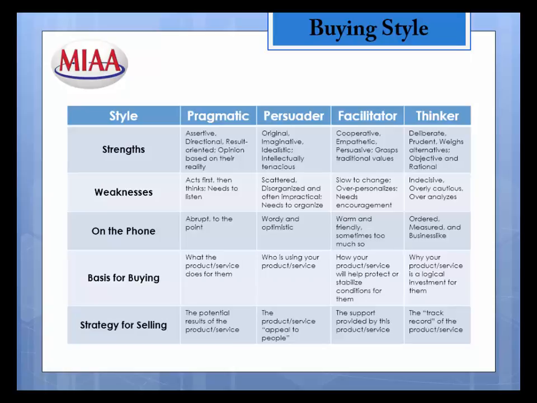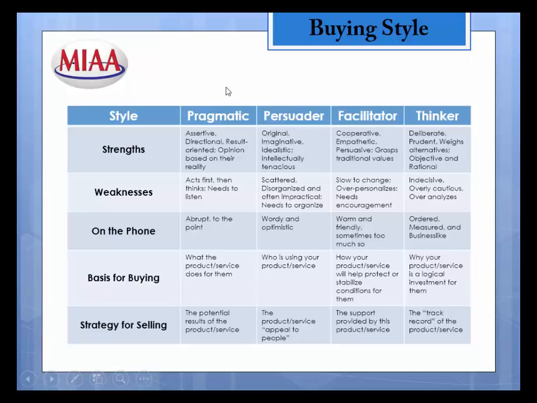I don't want to confuse it with the previous stuff. Those were 4 core reasons for buying. This is 4 behavioral trait cores. And if we look at each of these 4 types of people, everyone has a mix of these, but usually there's one of these 4 that is dominant in a person, okay? So let's take a look at these types of people.